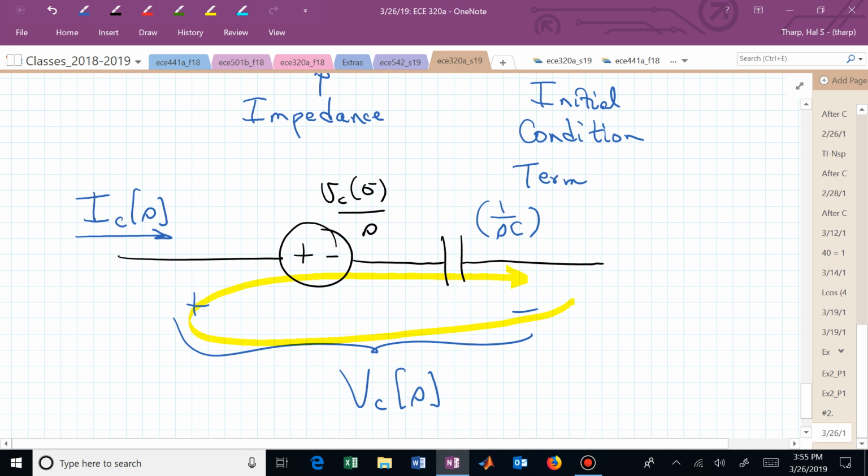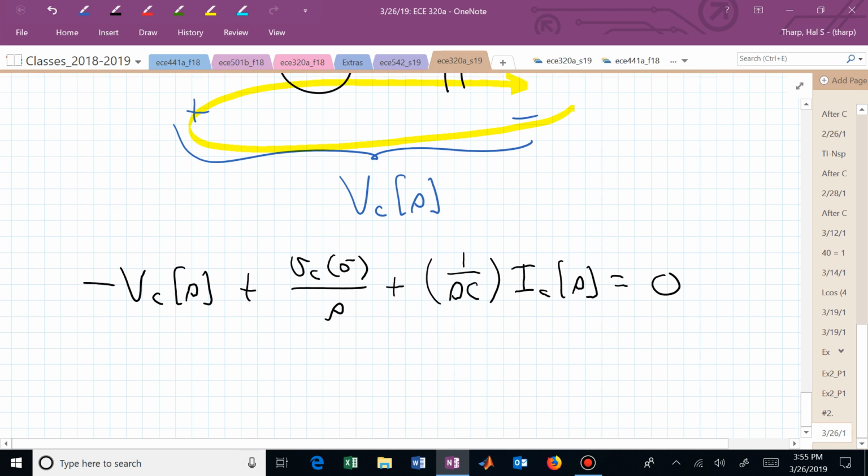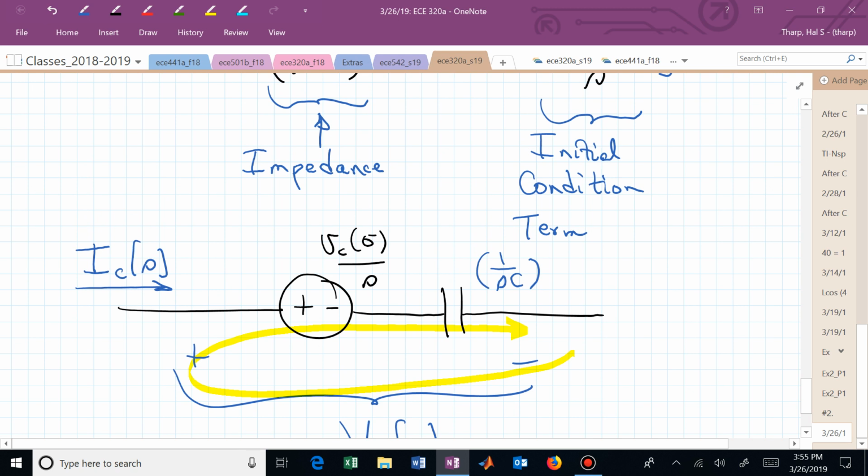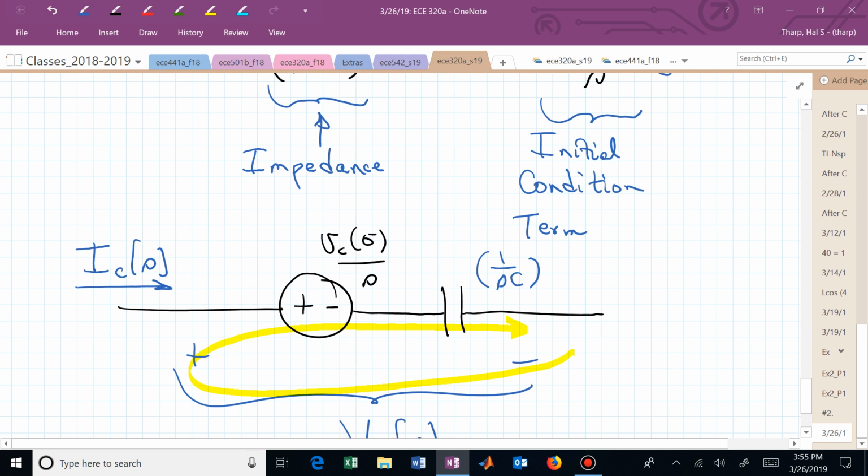You would now just have your impedance of the capacitor. So if you had zero initial condition on that capacitor, you could essentially not worry about that voltage source and replace it with a short. We okay with how that arises relative to ICE, or the voltage current relationships of a capacitor?